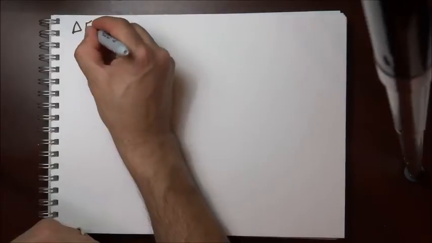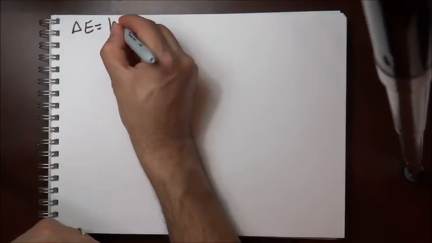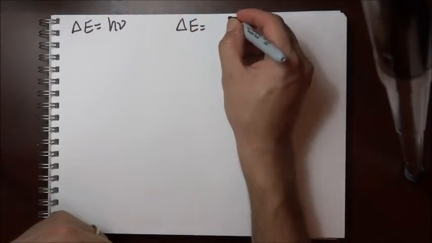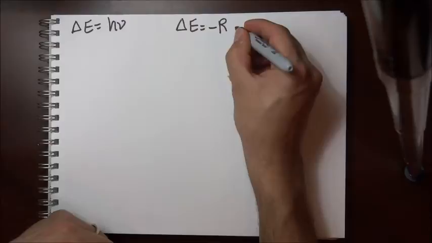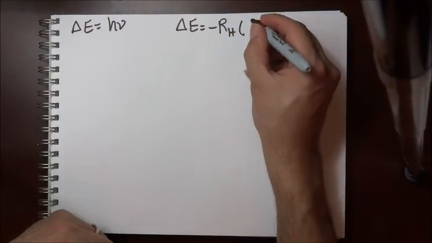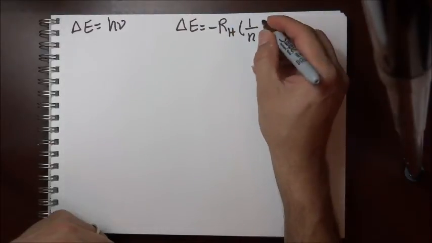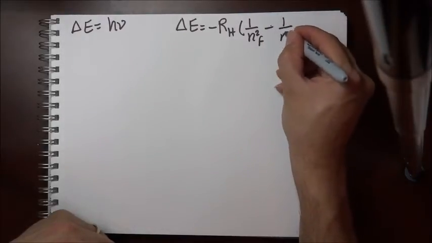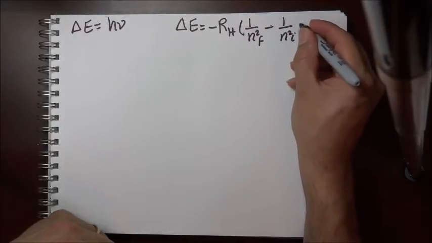So we got delta E equal plus h nu, and from other side we got delta E equal minus Rydberg constant times 1 over square of final n minus 1 over square of initial n.